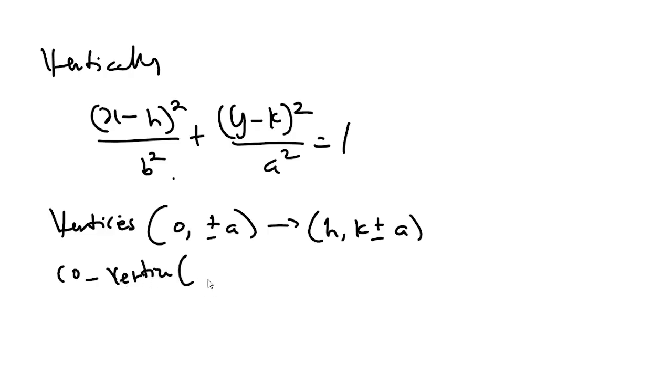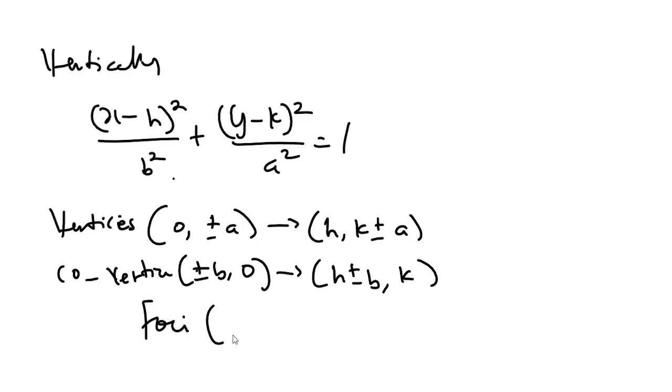Then we have co-vertices. When it's at the origin, we are going to get plus or minus b, 0. So when it shifts from the origin, it's going to be (h plus or minus b, k).